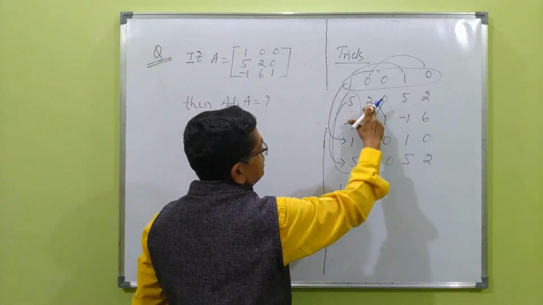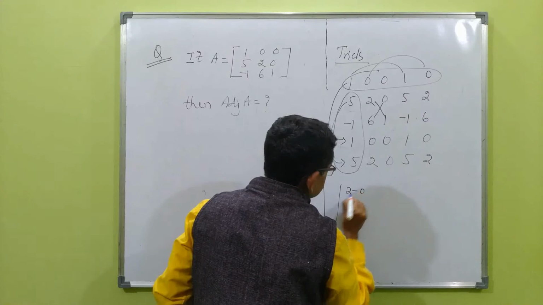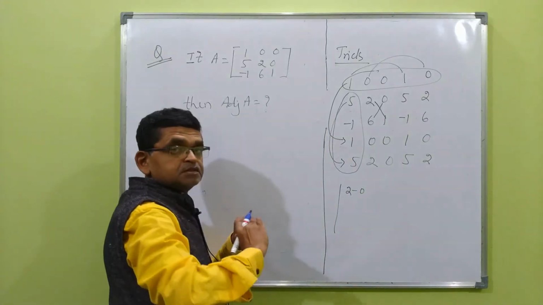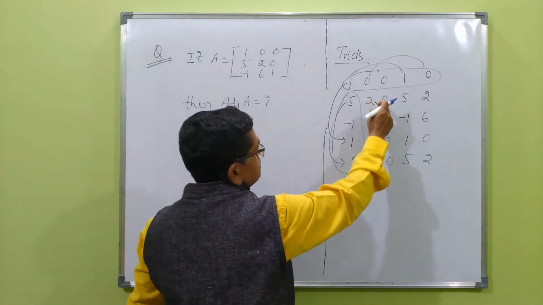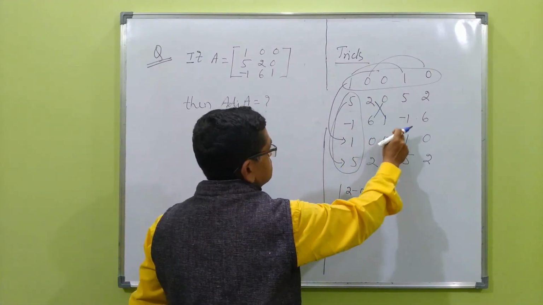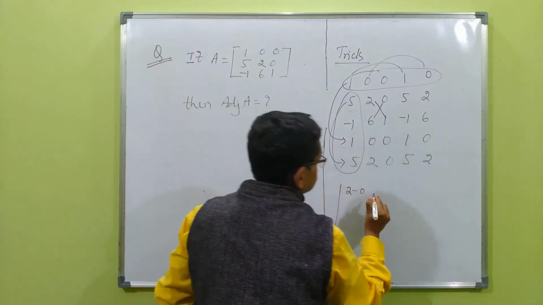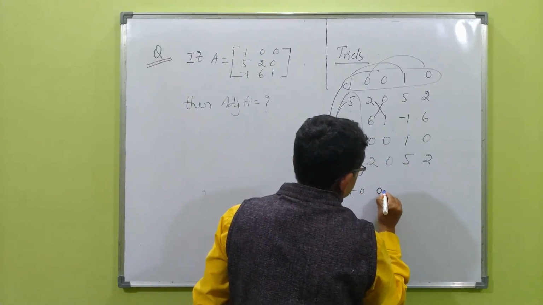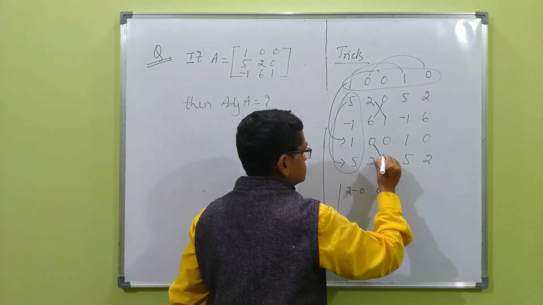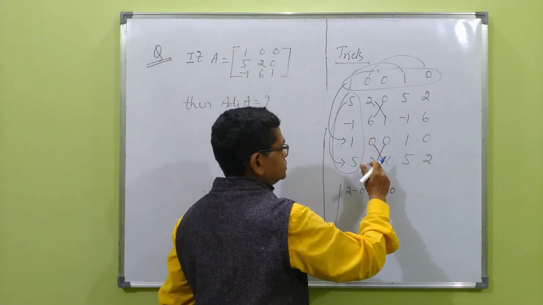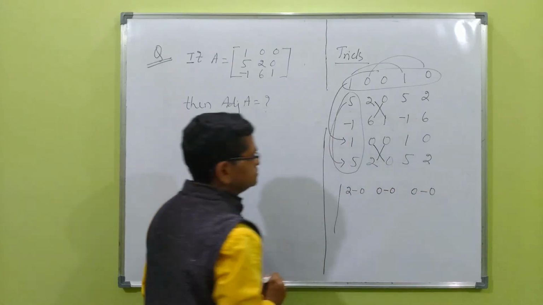See here, be careful. 2 into 1 minus 6 into 0. 2 minus 0. That right along the row. Now consider this 2 into 2 matrix. 6 into 0, 1 into 0. 6 into 0 is 0, 1 into 0 is 0. Again these two. 0 into 0, 2 into 0. 0 minus 0.